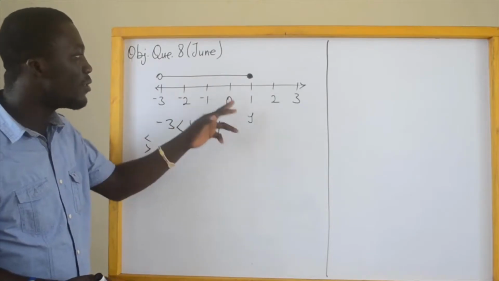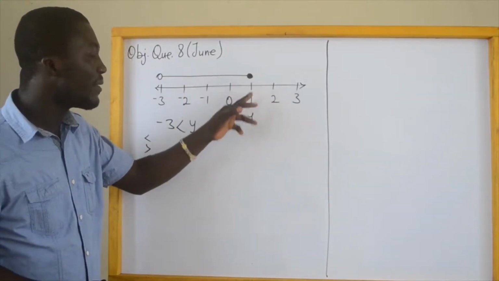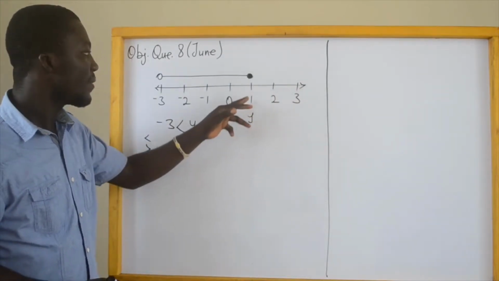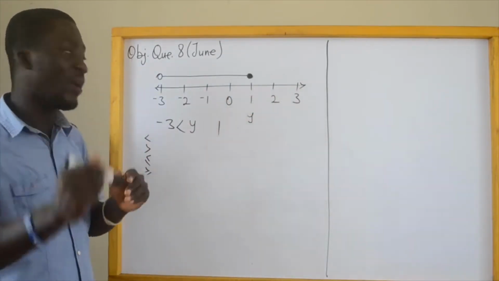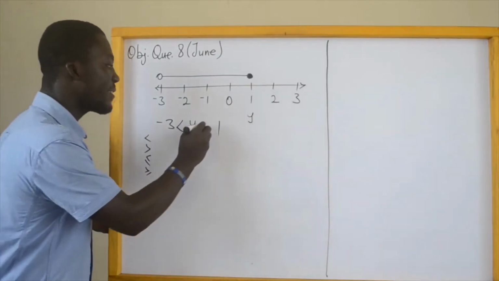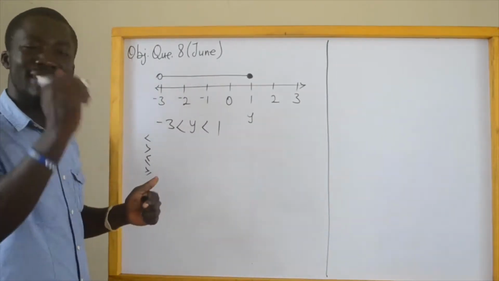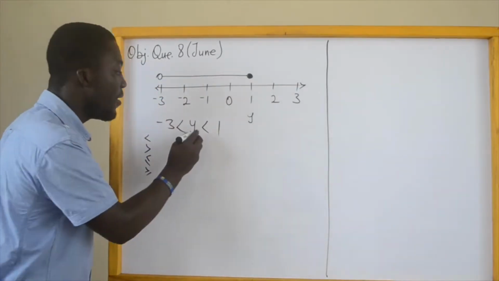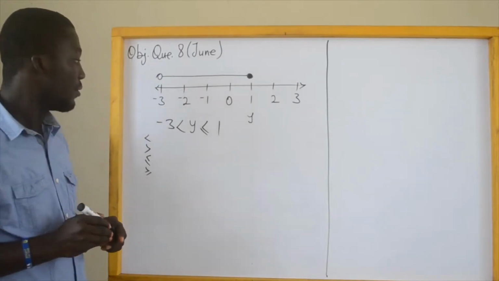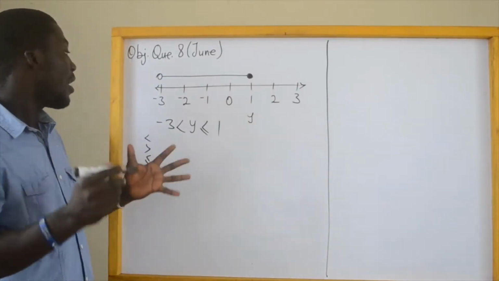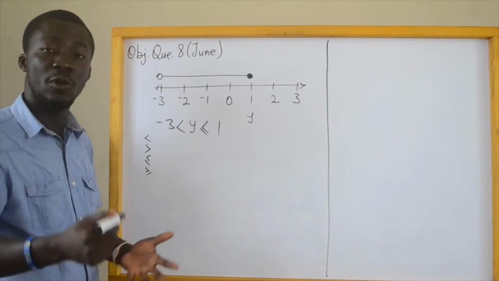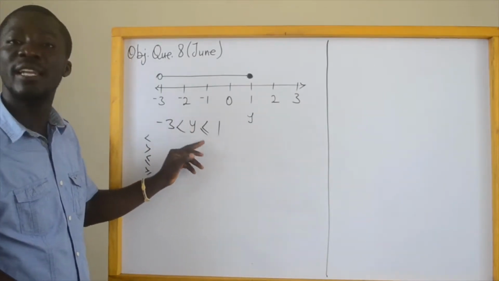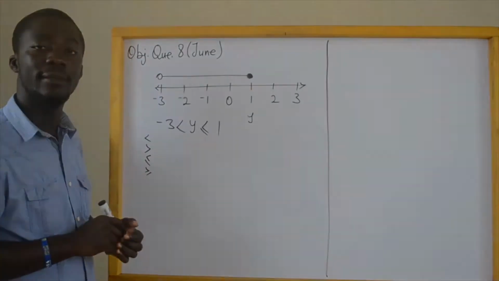And the range of values does not exceed 1. So it ends at 1. We will bring the sign less than, but since 1 is also part of the interval, we add equal to. So less than or equal to. Our final answer is -3 is less than y, which is also less than or equal to 1.